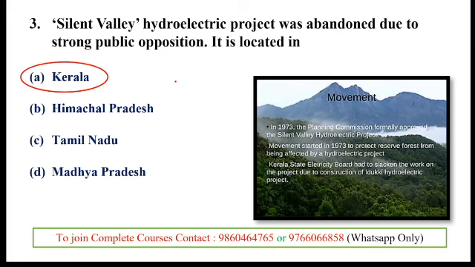The Silent Valley name is perceived to come from the absence of noisy cicadas. Another story attributes the name to the Anglicization of Sairandhri, and a third story relates it to the presence of many lion-tailed monkeys. So the Silent Valley is famous for the lion-tailed monkeys.